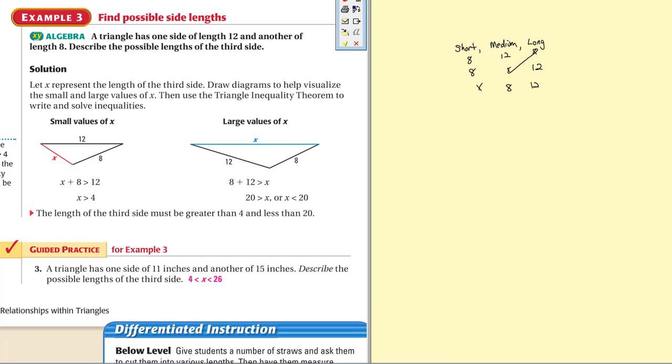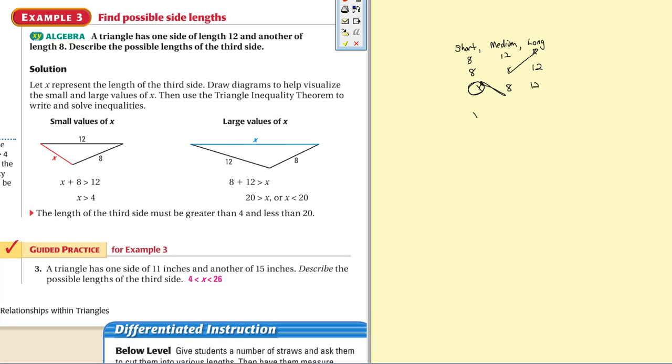Well, if you look at the two pictures over there, if the unknown side is the short side up here, how can we find how much that is? Well, from the triangle inequality that we learned in the last video, the two sides added together has to be bigger than the third side.